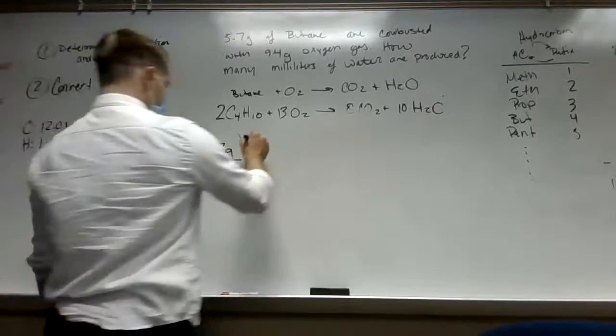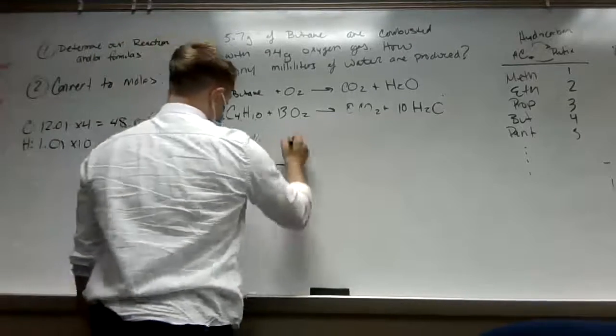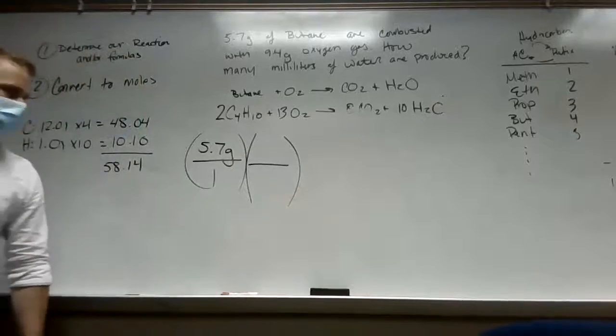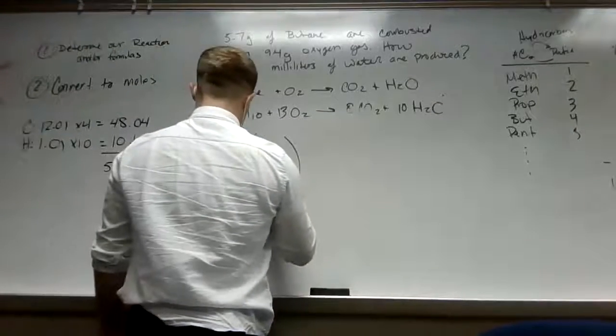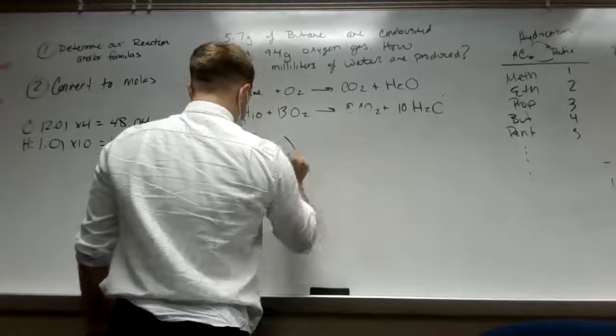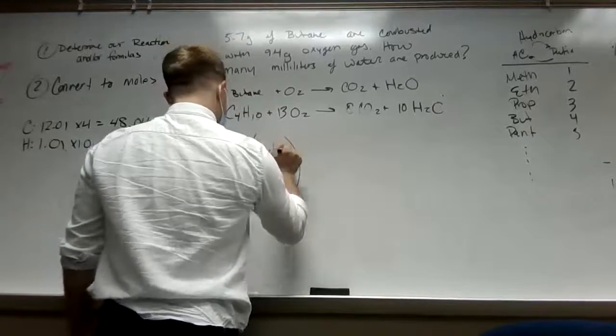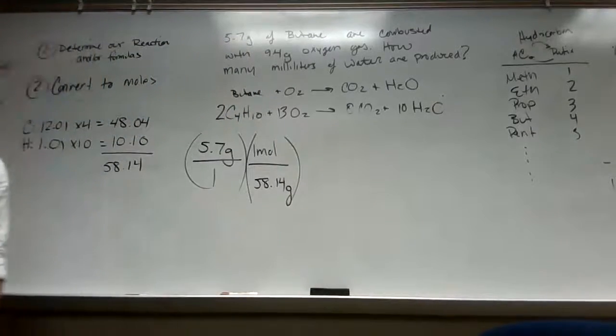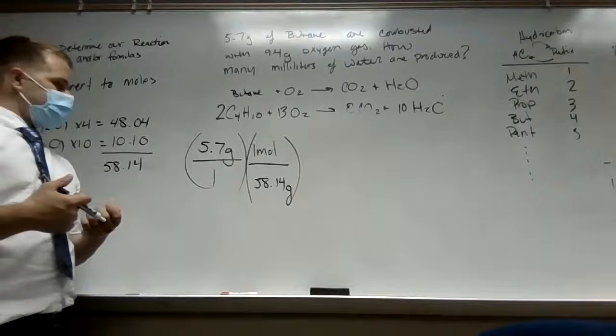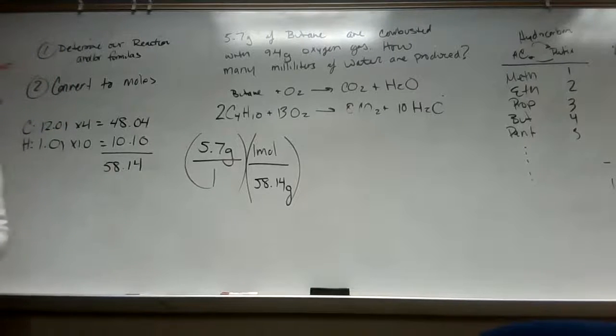Fantastic. So we know that we want our grams to cancel, and we're left with moles. So we're going to put our grams in the denominator, 58.14, and 1 mole on top. Now we're left with moles of butane. Anybody have that number? Anybody have a calculator?